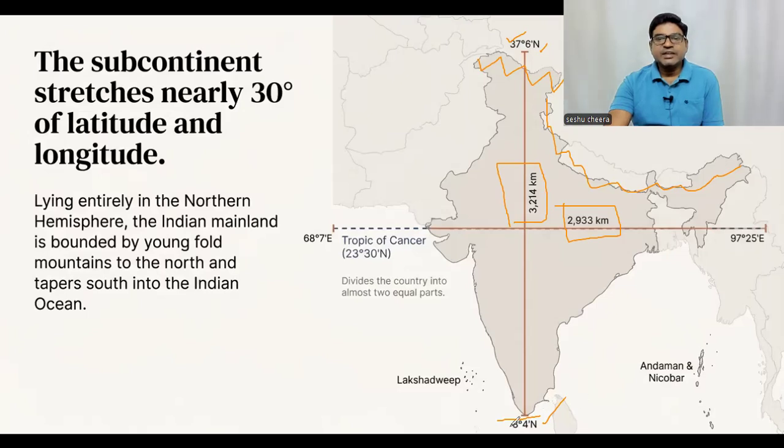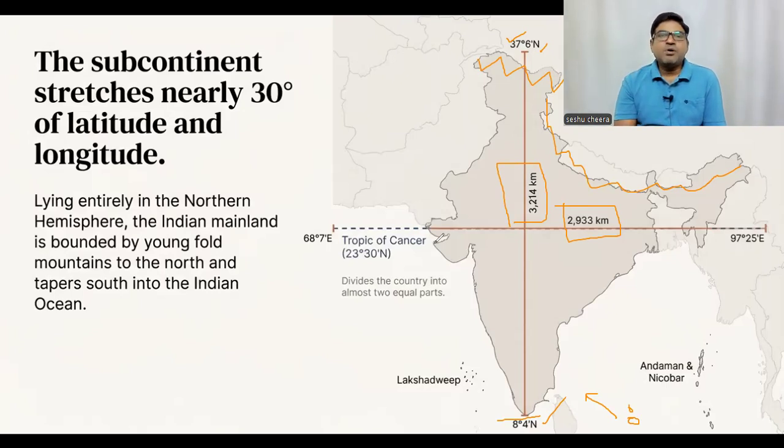When we see 8 degrees, we can understand that 0 degrees is the equator. So it is very close to the equator. The southern part of India is very close to the equator when compared to the other parts of it.